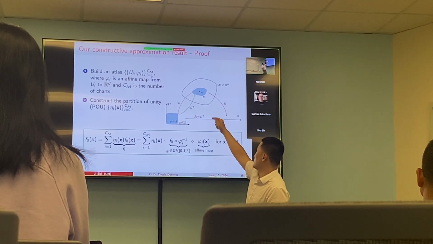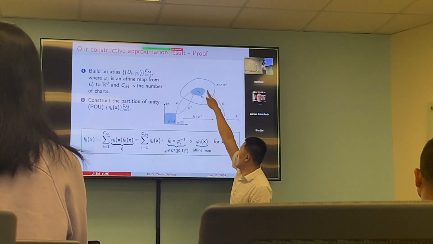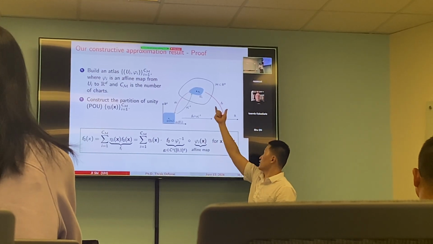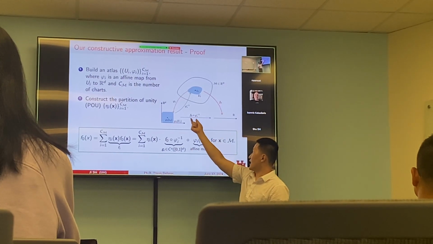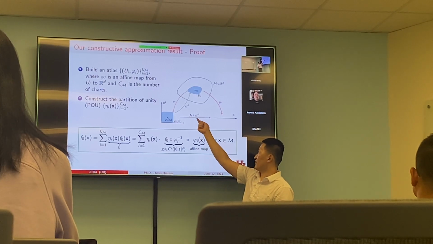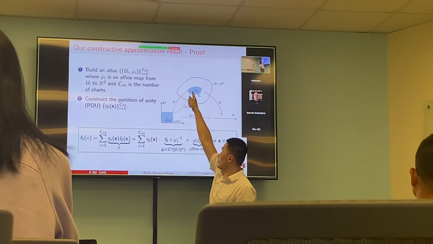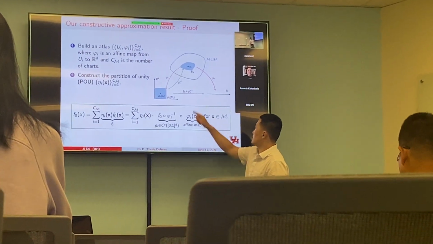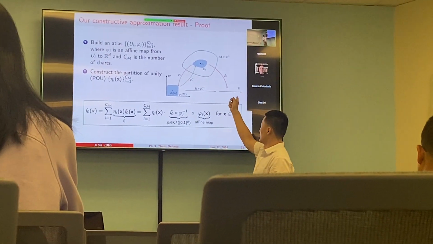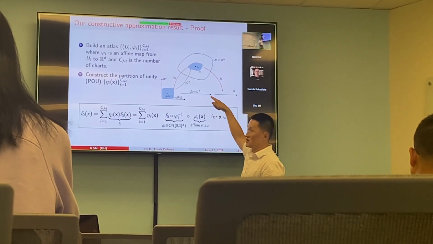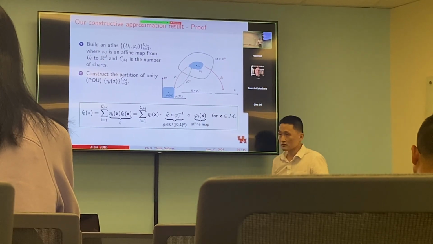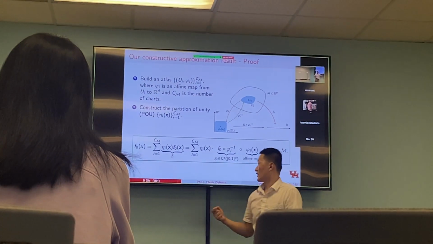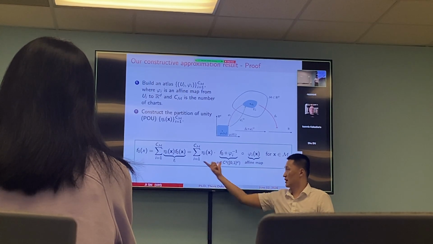In this picture, you can see this is f naught from the manifold to the real numbers. We can also express this f naught as f naught composed with phi_i inverse, composed with this phi_i. So this path from manifold to real number, all these paths are equal. So we can also express the target function f naught as this summation.